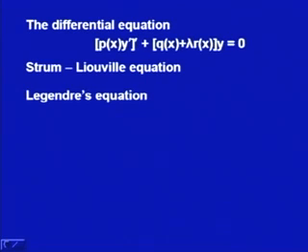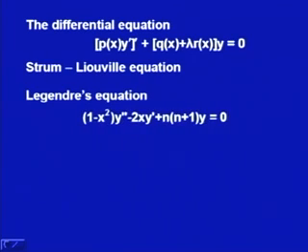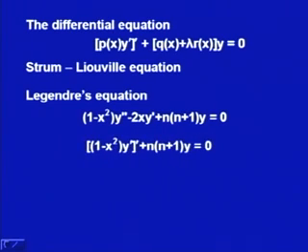Do you remember the Legendre equation, (1 minus x square) y double dash minus 2x y dash plus n(n plus 1) y is equal to 0. You had already solved this equation. We can rewrite this equation as ((1 minus x square) y')' plus n(n plus 1) y is equal to 0.